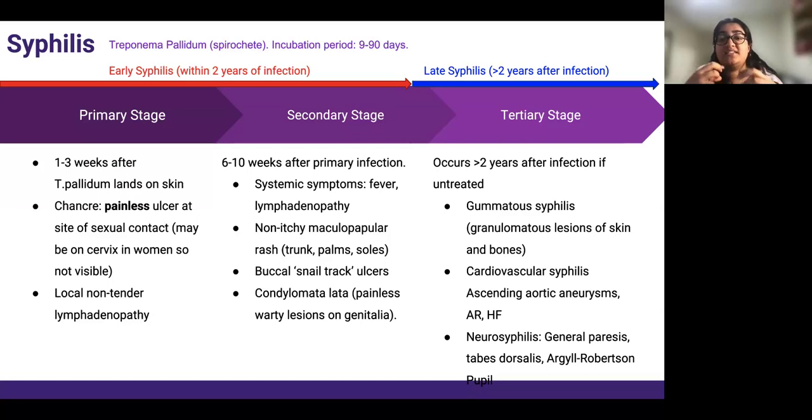And it causes these gummas to form, which are granulomatous lesions. Essentially, they're trying to attack syphilis, but they don't actually have any of it inside. It's just a massive bunch of inflammatory cells. And these can manifest as skin lesions and can cause issues in the heart and worsen cardiovascular syphilis and also cause neurosyphilis as well.